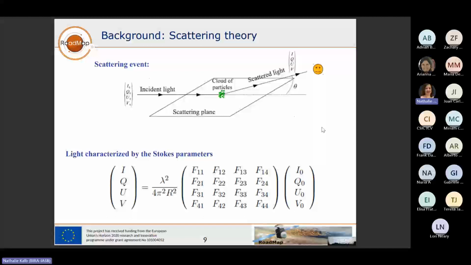And so the incident light can be characterized with Stokes parameters, I, Q, U, V, as Olga already explained to you before. And then this is the scattering matrix. So it describes the change in the state of the light when the light hits the cloud of particles.